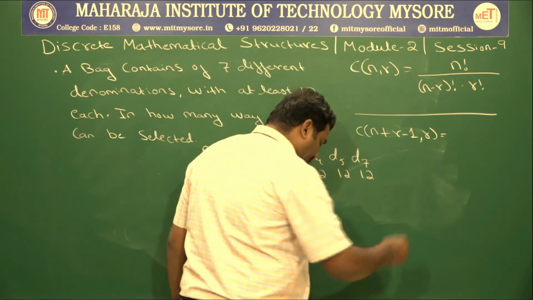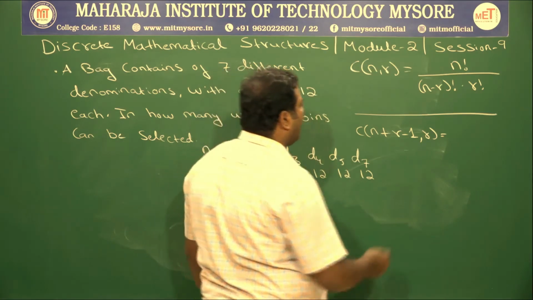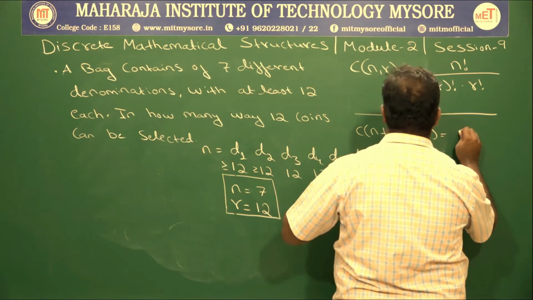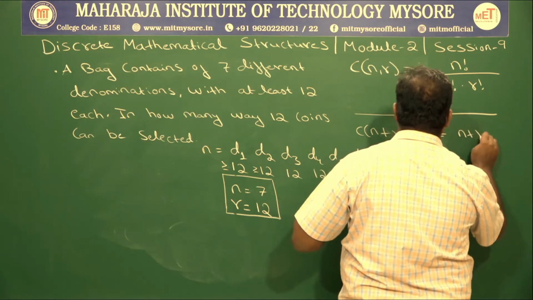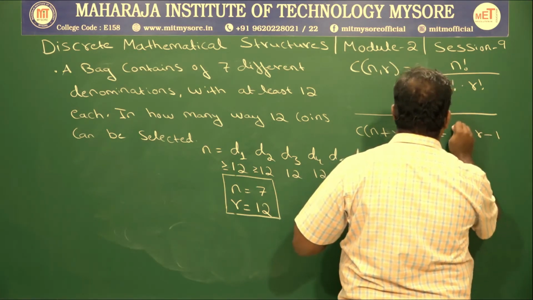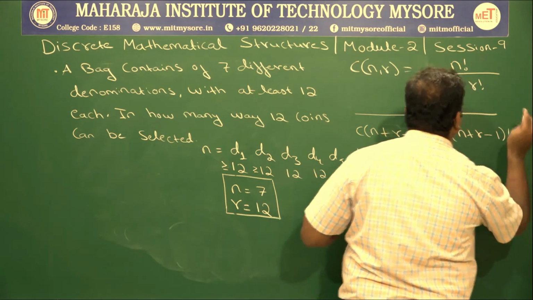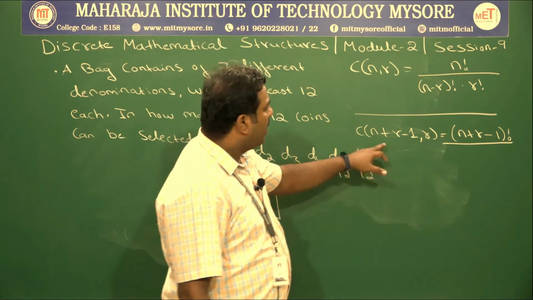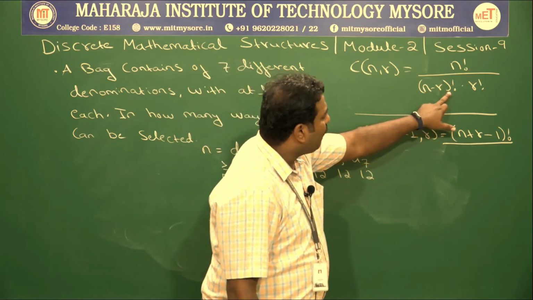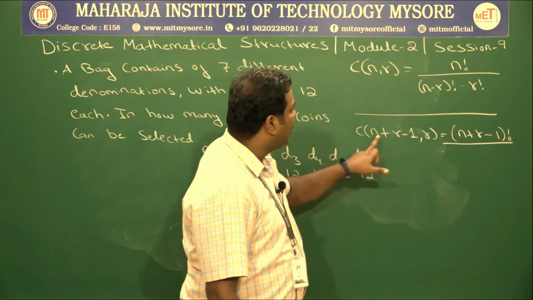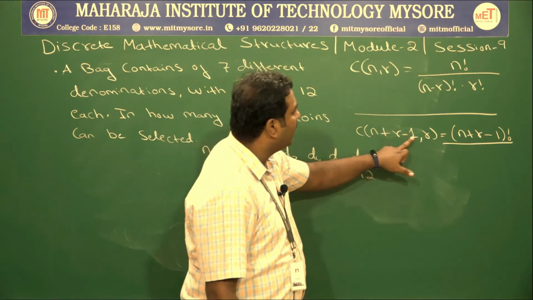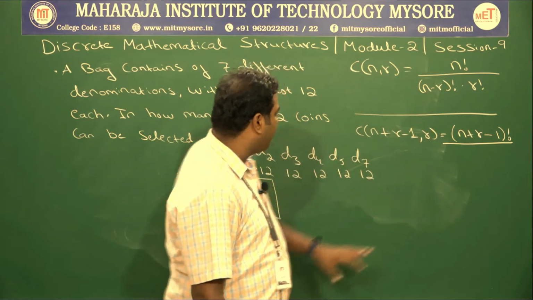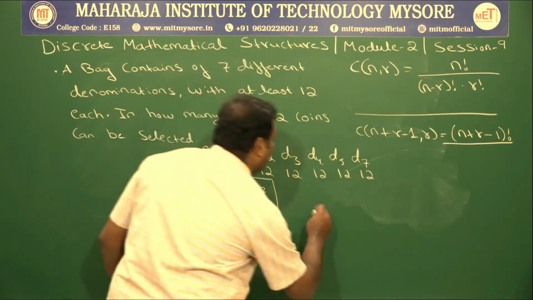Hence, in place of n, I am going to have n plus r minus 1 factorial divided by n minus r factorial. In place of n, I need to have n plus r minus 1. Now what happens if I have n plus r minus 1? Let me show it here.